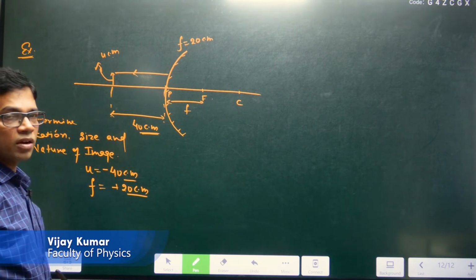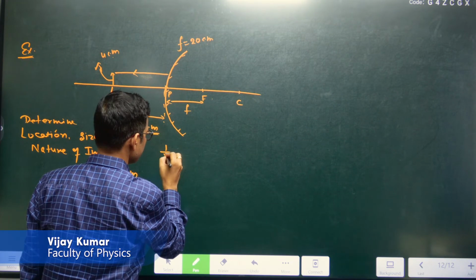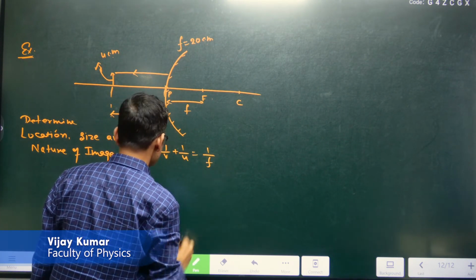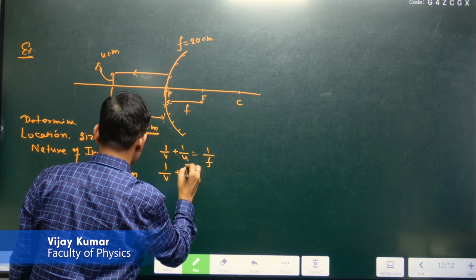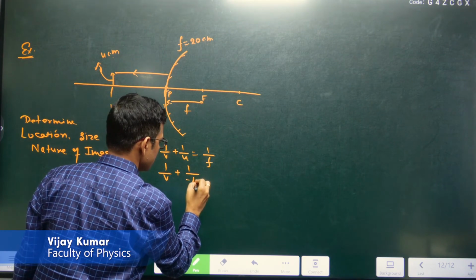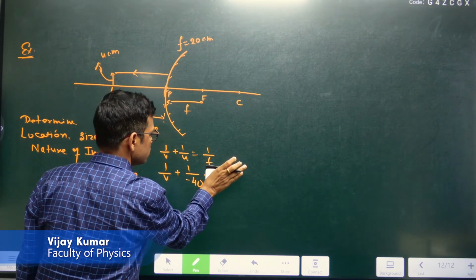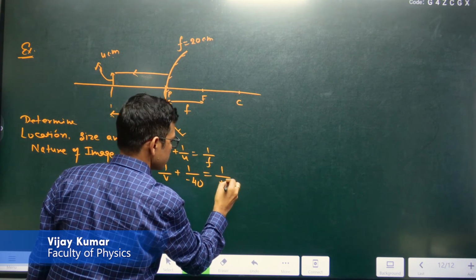Again we will use the mirror formula. As we know, 1 by v plus 1 by u is equal to 1 by f. Now substitute the values here. 1 by v plus 1 by minus 40 is equal to 1 by plus 20.